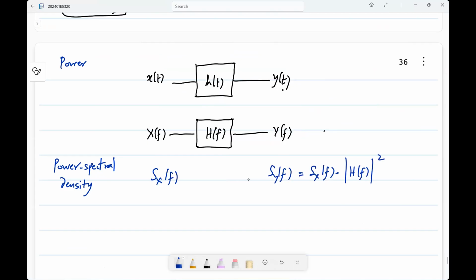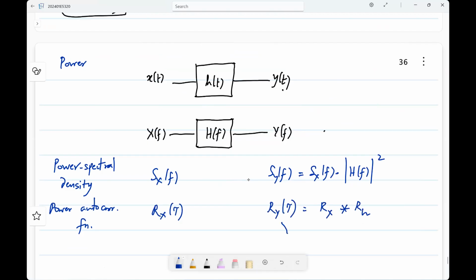And similarly, the power autocorrelation function, you have Rx of tau, which is the power autocorrelation function of x, and Ry of tau would be Rx convolved with Rh.